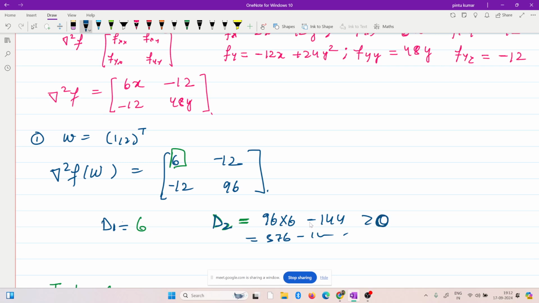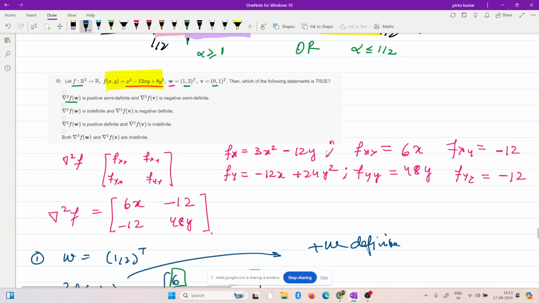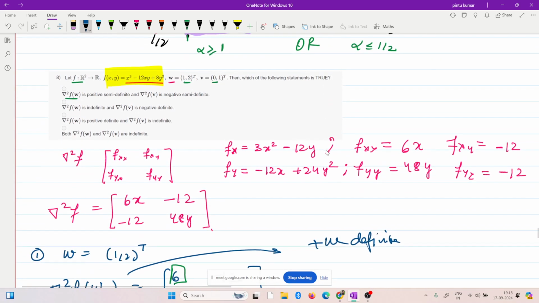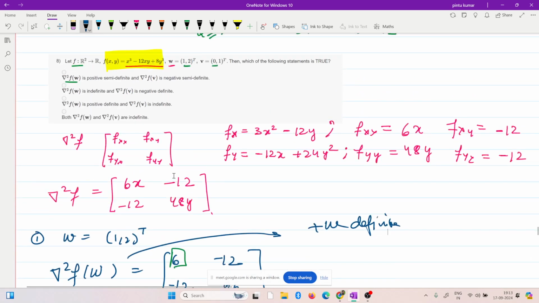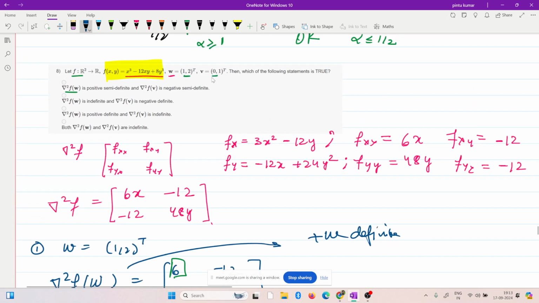So you got both D1 and D2 strictly positive, so this matrix is positive definite, and also you can say it is positive semi-definite. Now can you look at the value of this Hessian at the second point and check whether it is positive definite or positive semi-definite, whatever it is. At point (0, 1), what is the value that you obtain?